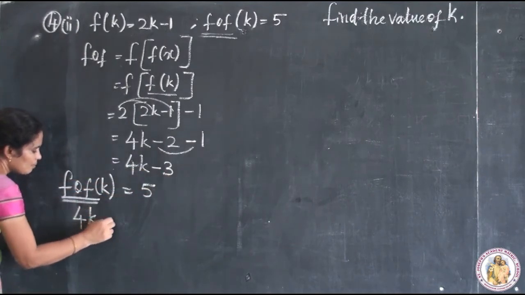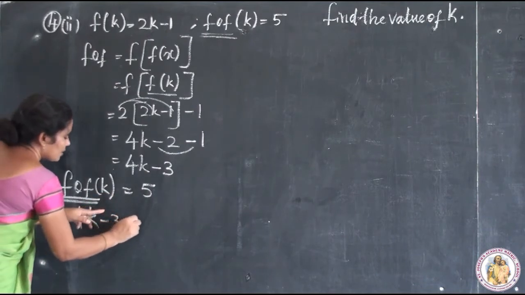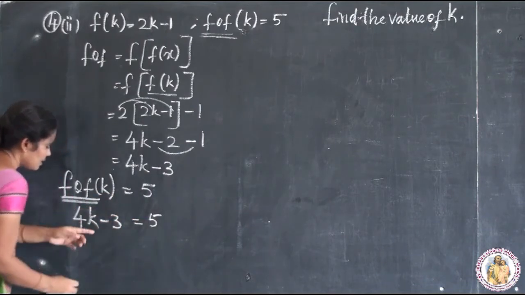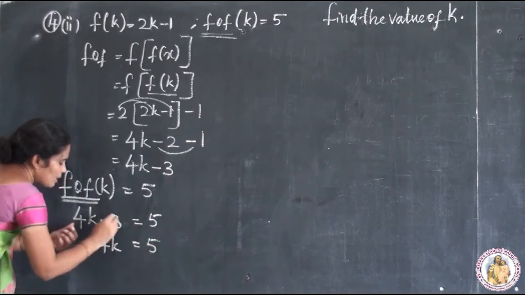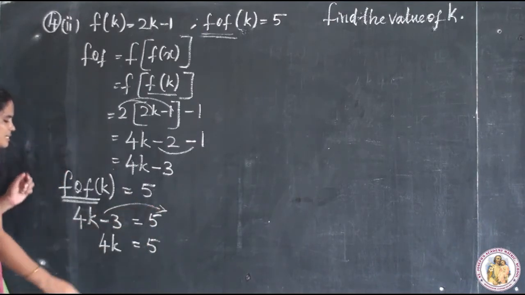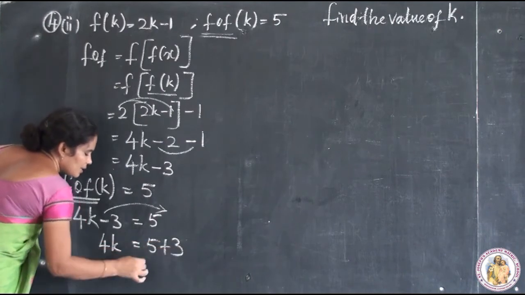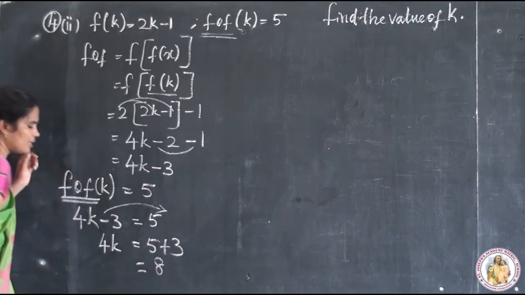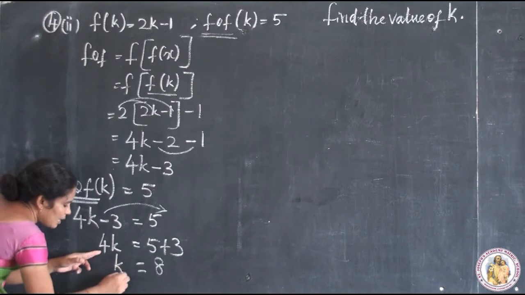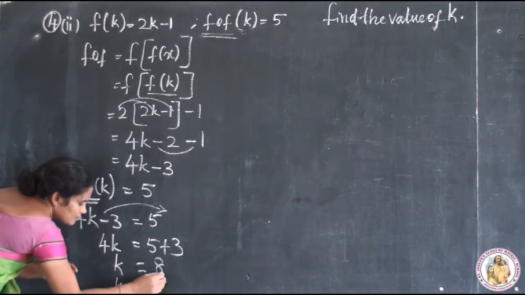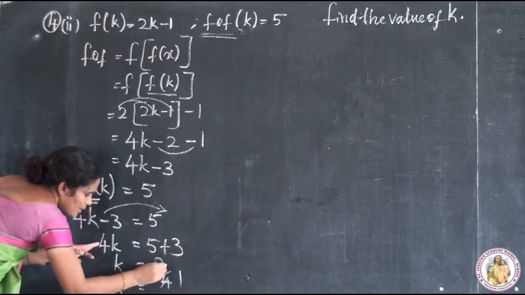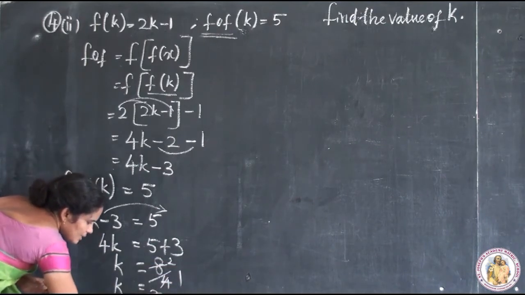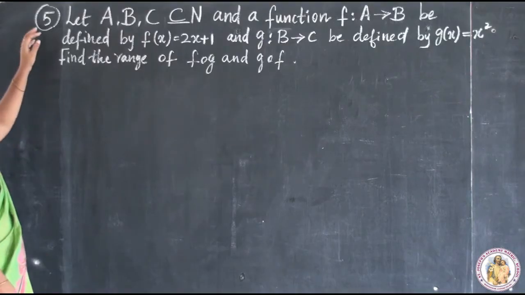So 4k minus 3 is equal to 5. Now 4k is equal to 5 minus 3; while it moves to the right side it goes as plus 3. So 5 plus 3 is 8. Keep this k alone. Divided by 4. 4 ones are 4, 4 twos are 8. k is equal to 2.